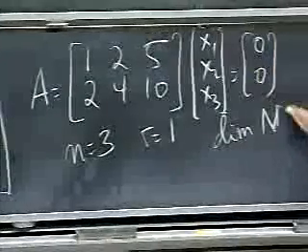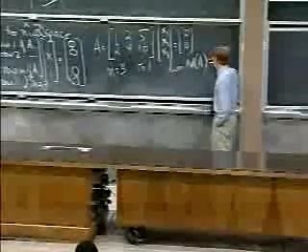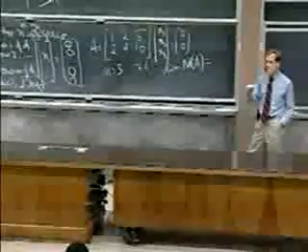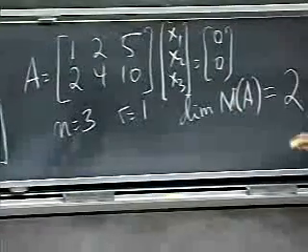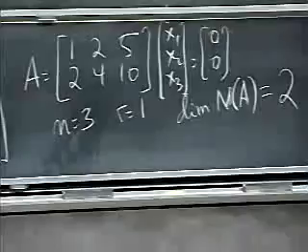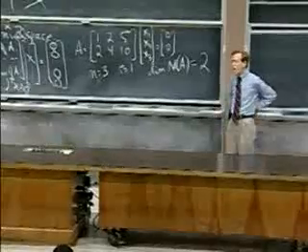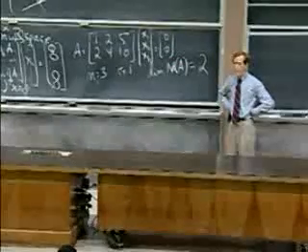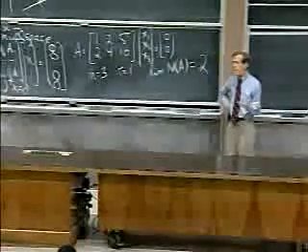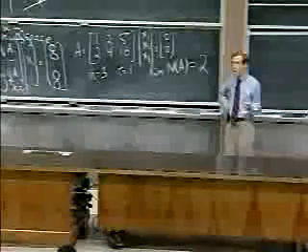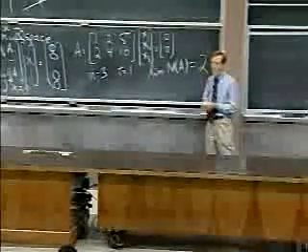So the dimension of the null space is, we all know, 2. Right, it's a plane. And now we see better what plane it is. It's the plane that's perpendicular to 1, 2, 5.